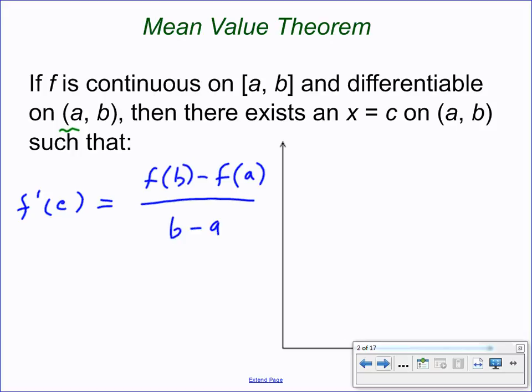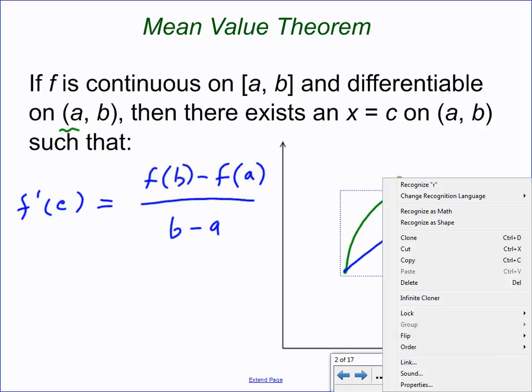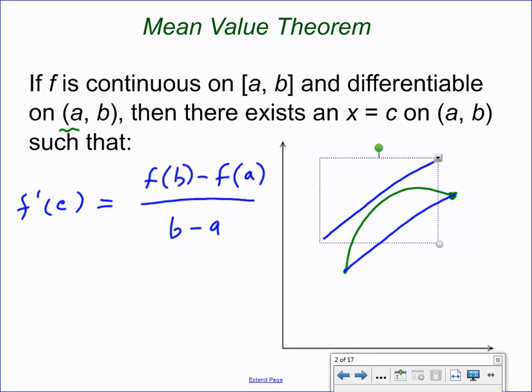Graphically, we've seen this before. We know we're talking about some function that's continuous and differentiable over an interval. There has to be some place where the slope of the tangent to the curve is the same as the slope of the secant line to the curve.